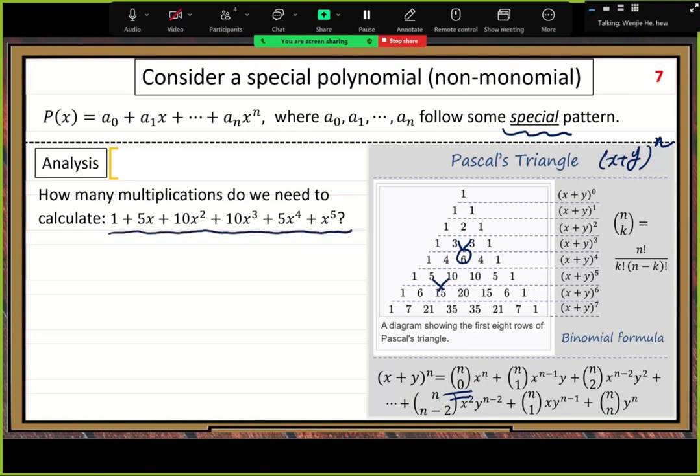If we do not consider this special structure, if you just treat it as an ordinary polynomial and apply Horner's rule, how many multiplications do you need? Can you tell me how many multiplications by Horner's rule?